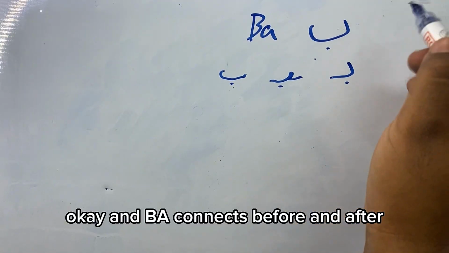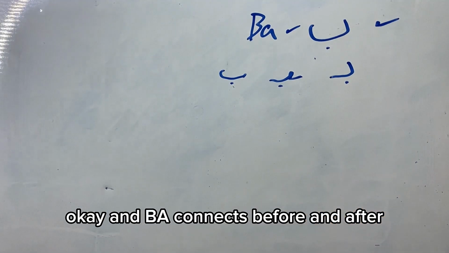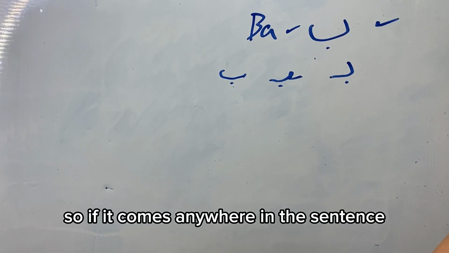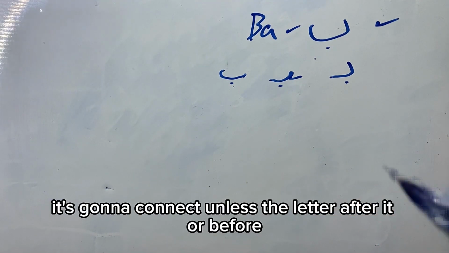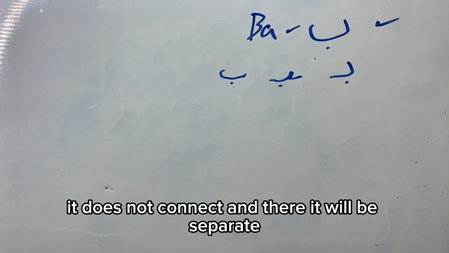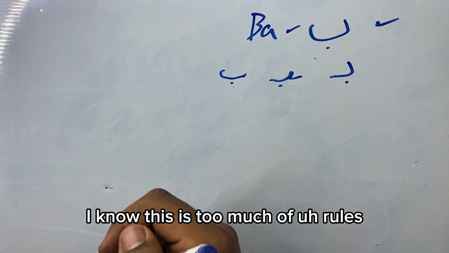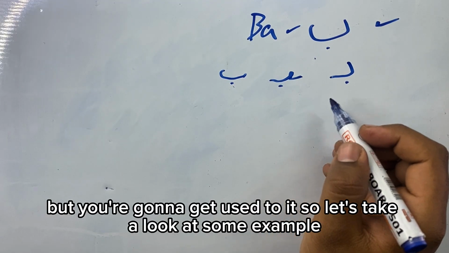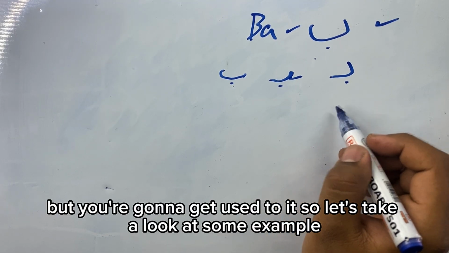Ba connects before and after. So wherever it comes in the word, it's going to connect, unless the letter after it or before it does not connect, and then it will be separate. I know this is too many rules, but you're going to get used to it. So let's take a look at some examples.